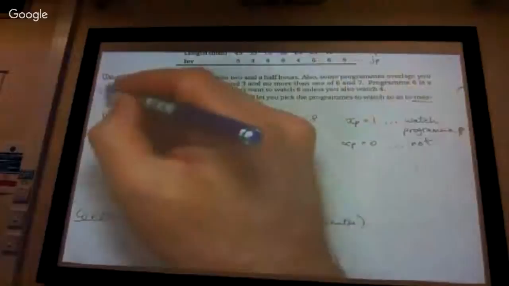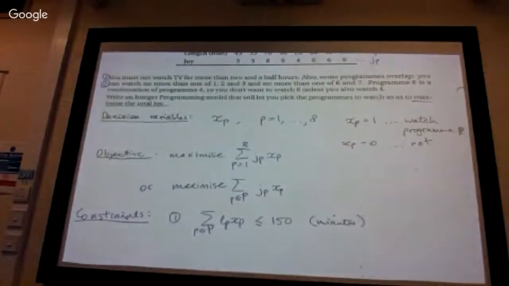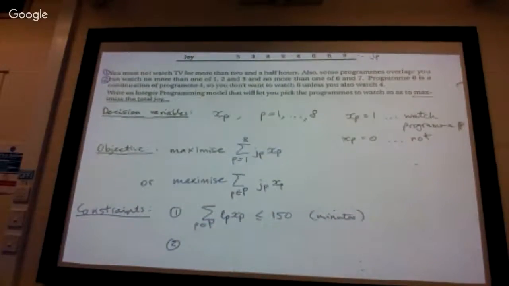Then you can watch no more than one of 1, 2, and 3. Kind of obvious.